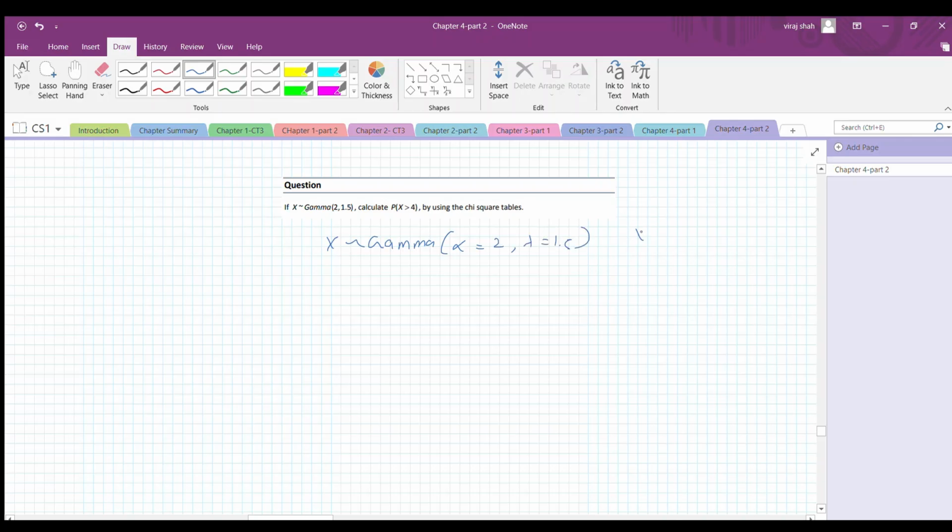How do I write x as gamma? Alpha by lambda, right? So alpha is 2 and lambda is 1.5. I just wrote it here so it won't cause any confusion.